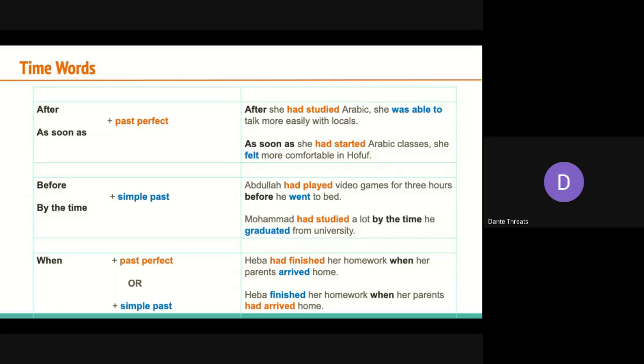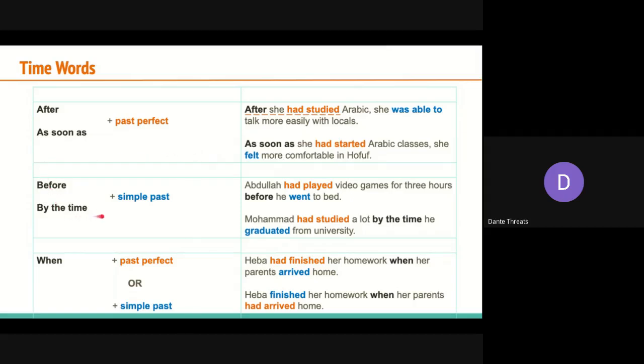As soon as she had started Arabic classes, she felt more comfortable in Hofu. Okay. Notice that the comma is here because this time word makes this a dependent clause. Okay, same here.